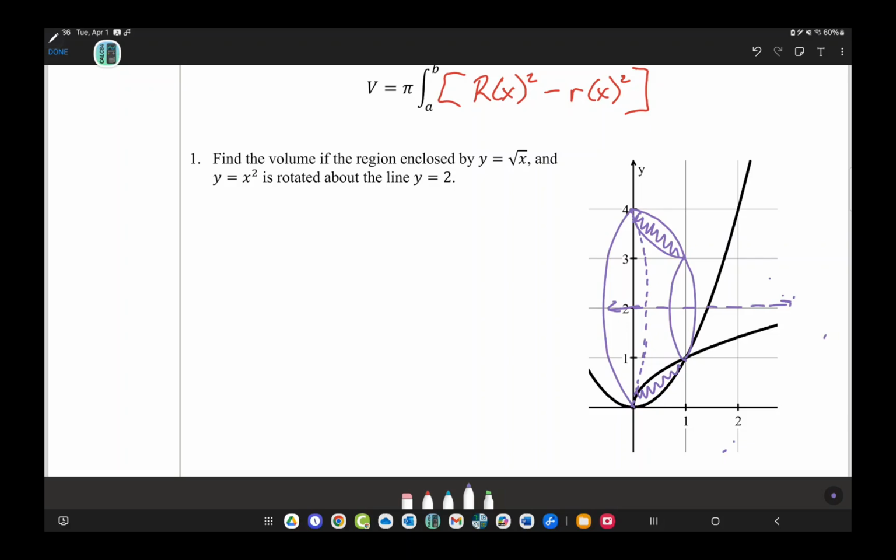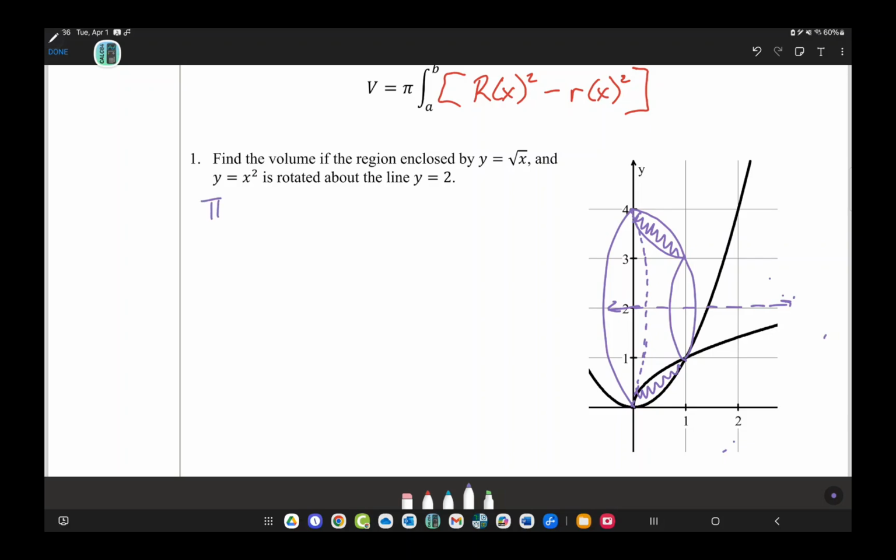Now, like I said, the way I like to do this is I'm going to take which function is furthest from my line of rotation? x squared. So that's going to be my outer radius.